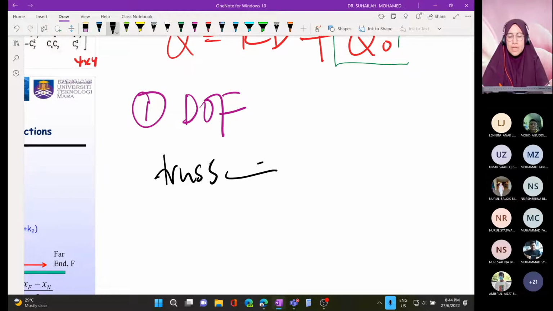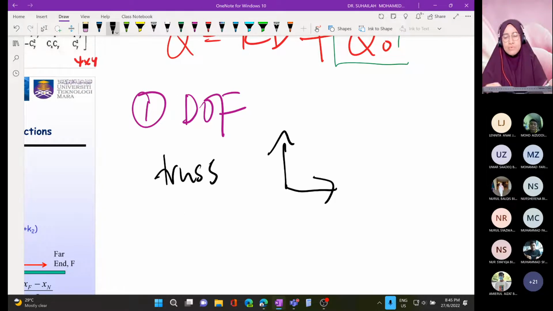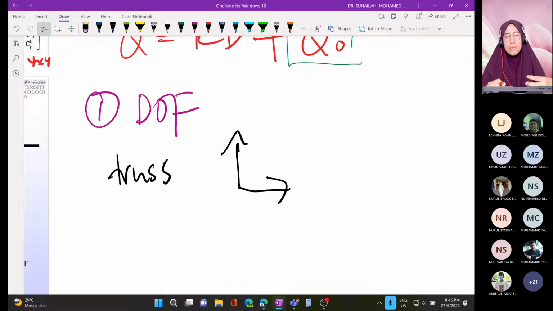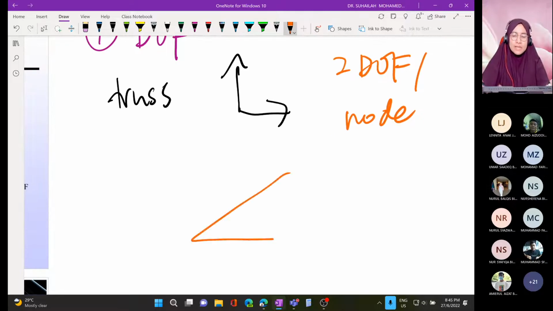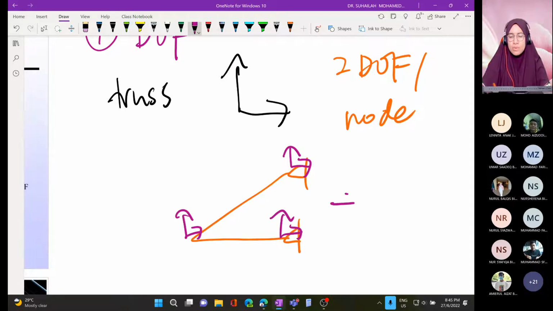We have to count 2 degrees of freedom per node. That means, for example, if we have a truss like this, pin and pin, what we need to do is put 2, 2, 2. So that is why here we get 6 degrees of freedom.